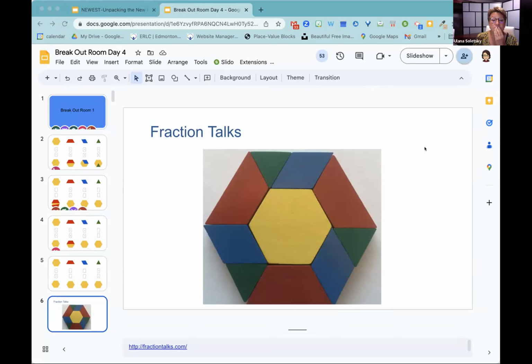Move to room 9. Okay, we've got at least 3 in each room now.